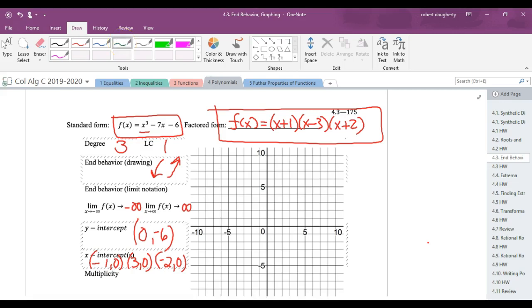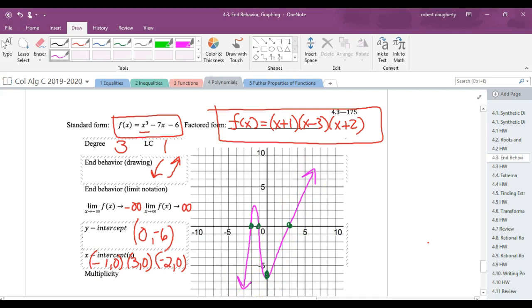Cross the axis at negative 1, at positive 3, and at negative 2. And what's the y-intercept? 0, negative 6. Where does this graph start? Starts down. So is it possible to go down, cross, cross, cross, and then end up going up? Yes. So that is all possible. So this graph does something like this. And that is it.